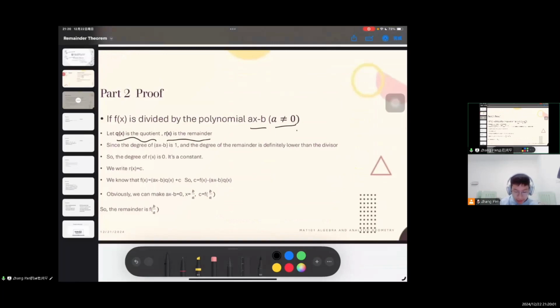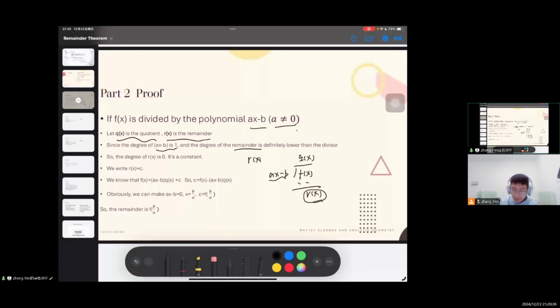Since the degree of ax minus b is 1, the degree of the remainder is definitely lower than the divisor, because if the degree of r(x) is greater than or equal to that of ax minus b, it can continue to divide, right?